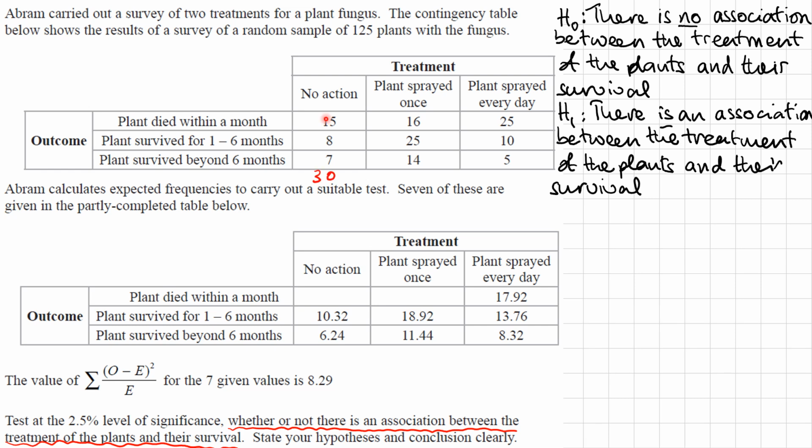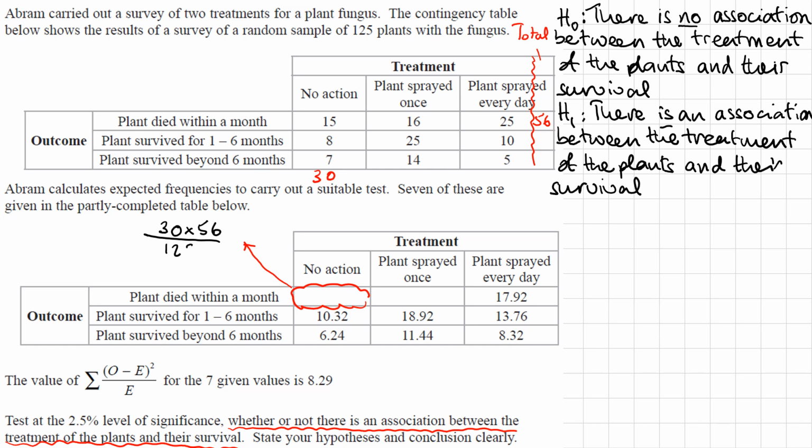And then I want the row total for this cell, and that's going to be 56. Because I haven't got much space, my total is just going to be here. So this value is going to be 30 times 56, column total times row total, divided by the grand total, which is 125.